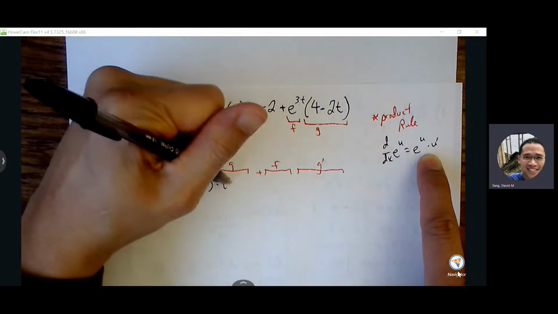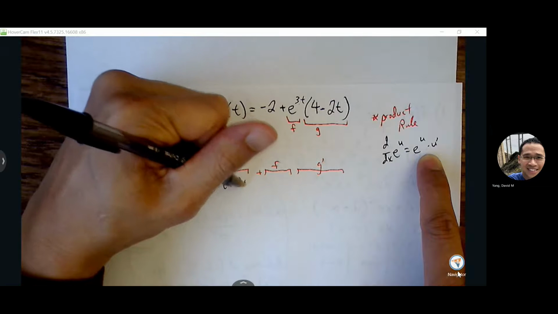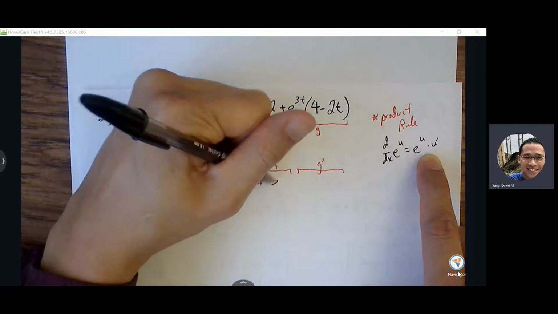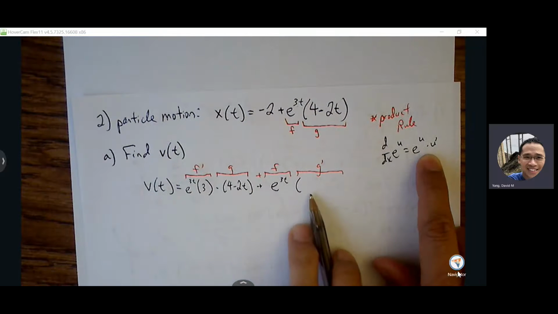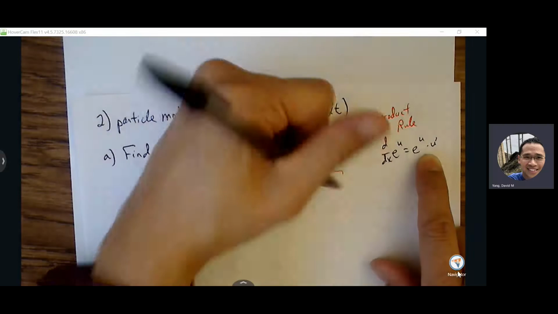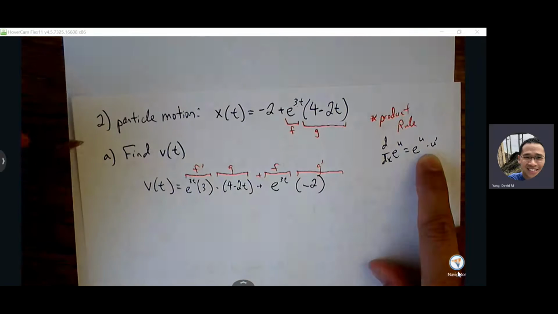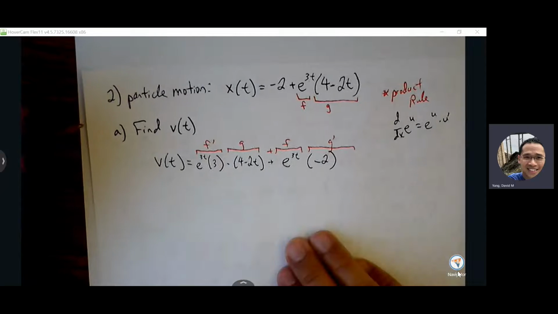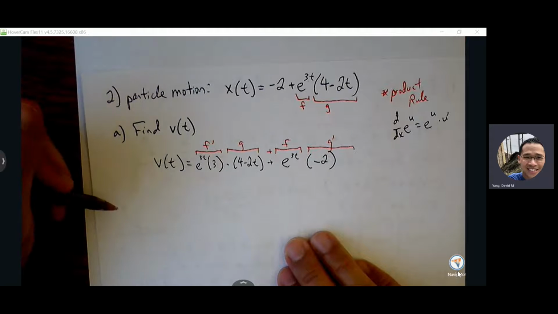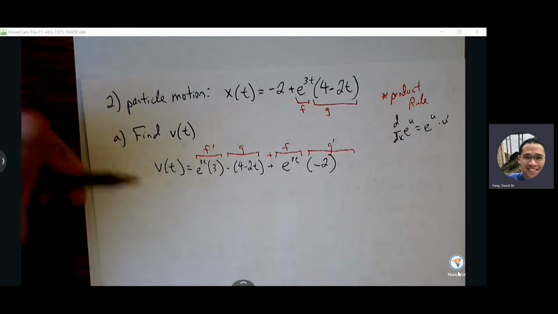G function, back to f. And what's G prime? Let's do some cleanup, and then for part B, we can find the acceleration, which is another derivative down.